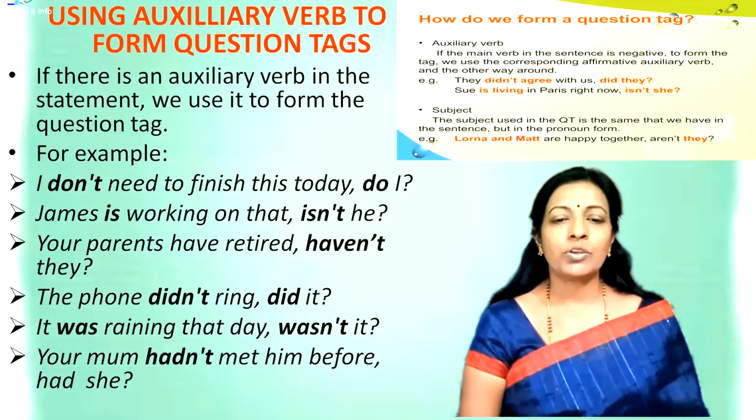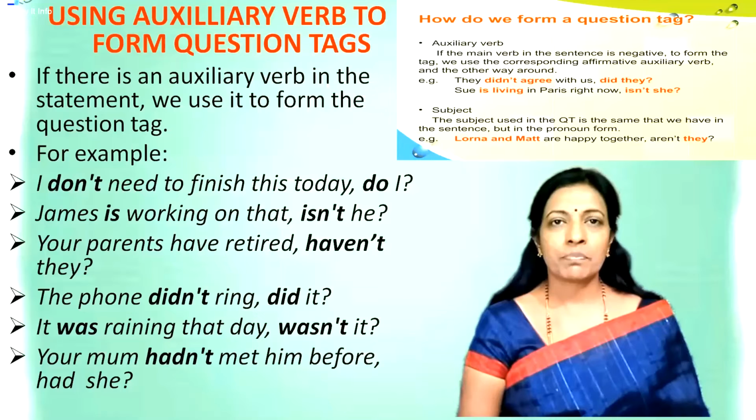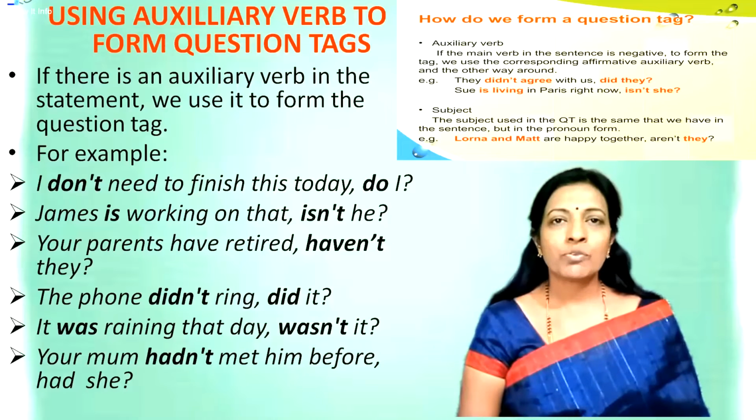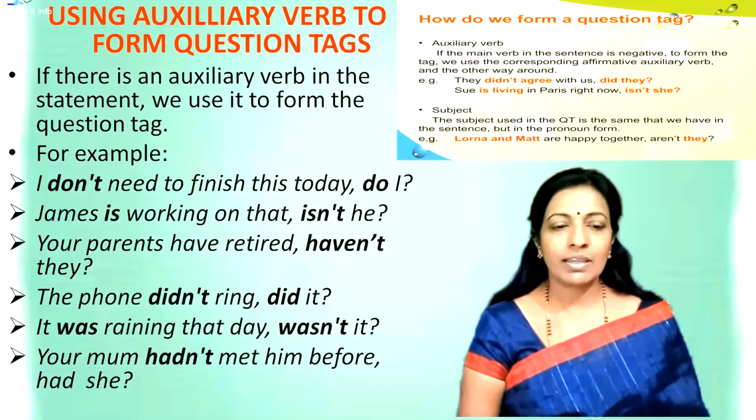I don't need to finish this today, do I? In this statement, the first part of the sentence has the auxiliary verb don't, which is in negative form. So we use the positive form of this in the question tag, do. Similarly, James is working on that, isn't he?